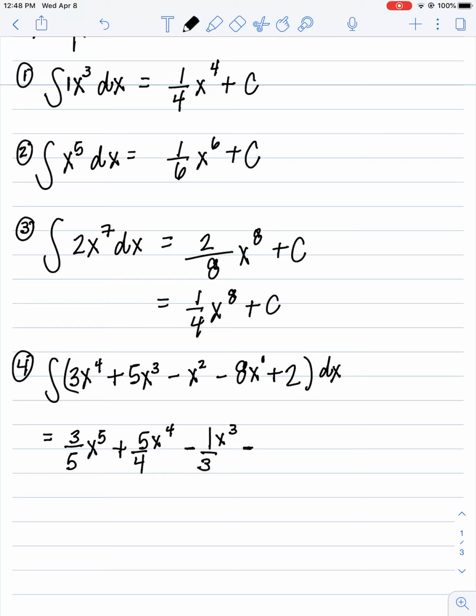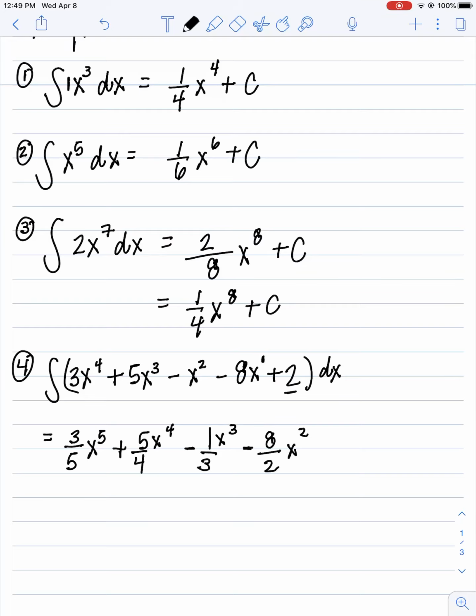Minus 8x. Well, think about it, guys. That x has an imaginary 1 exponent, which means the exponent is going to become a 2. So it'll be 8 over 2x squared. Okay, and then this next part, sometimes kids get confused when you see a constant. Okay, 2 is a constant. It's a number by itself, which makes it a constant.